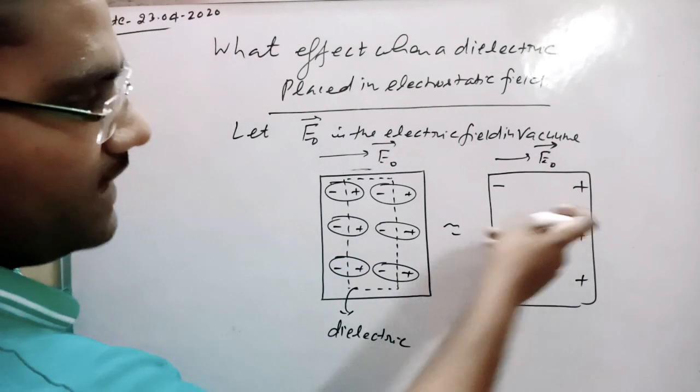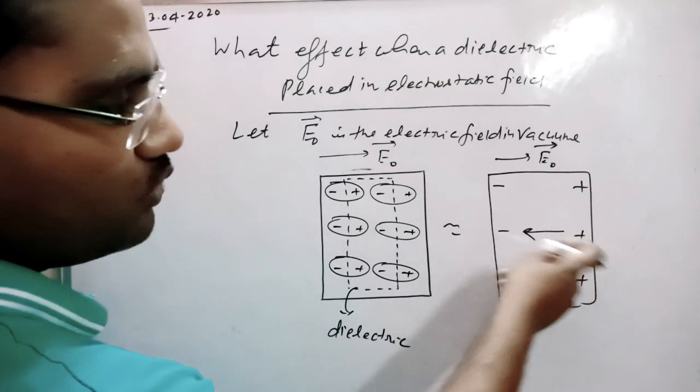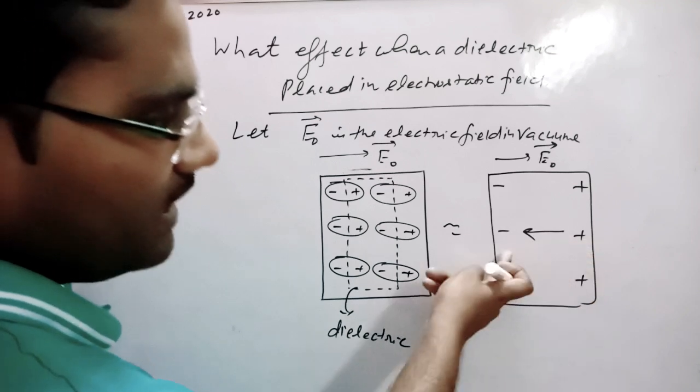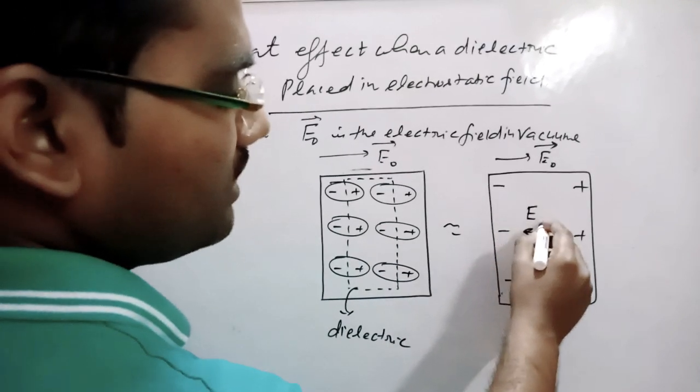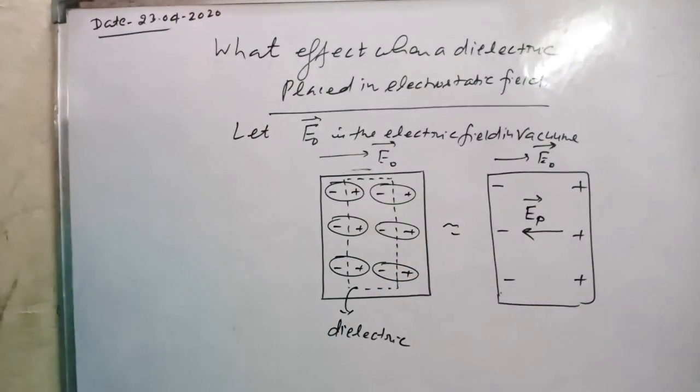Now inside this dielectric a field is produced from positive to negative, positive to negative, that means in the left direction. This is the field EP.